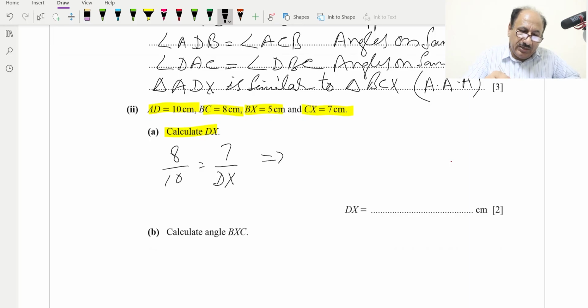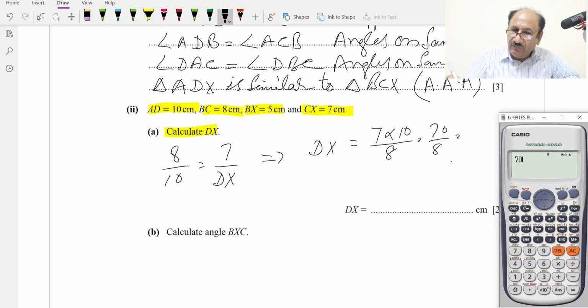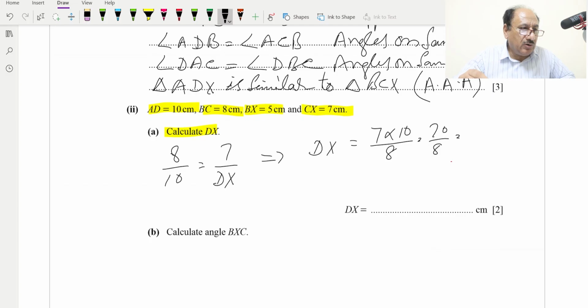And this implies DX is equal to what? 7 into 10 over 8. This will be 70 over 8, which is equal to 8.75. So answer will be 8.75, we can write it here.